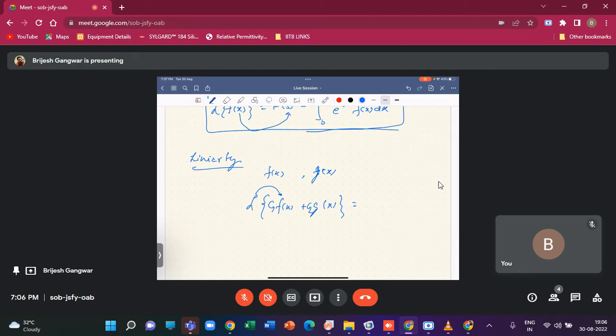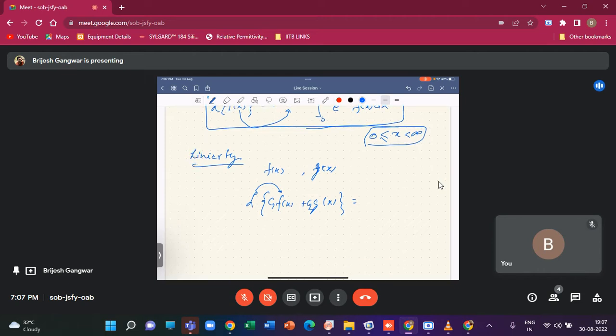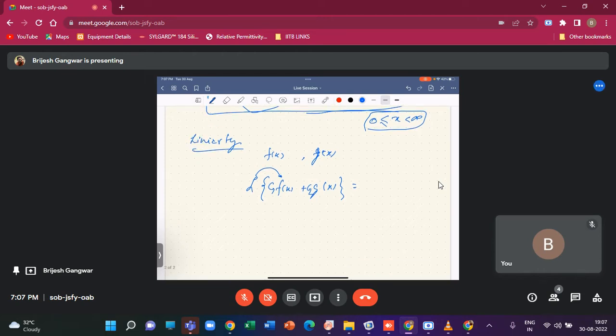Yes, the x should be less than infinity, greater than 0. So maybe you can say x is positive. Yes, s can be any one. Thank you.